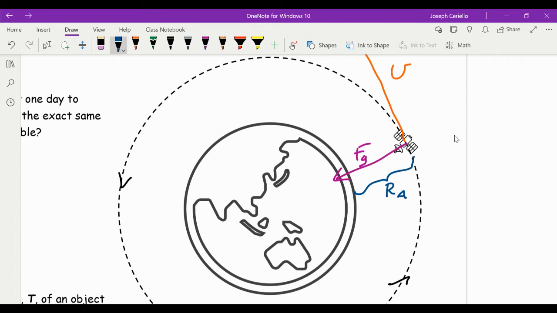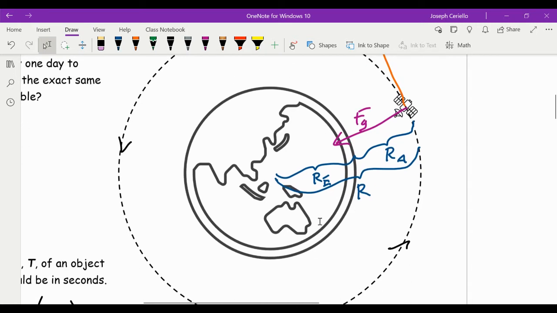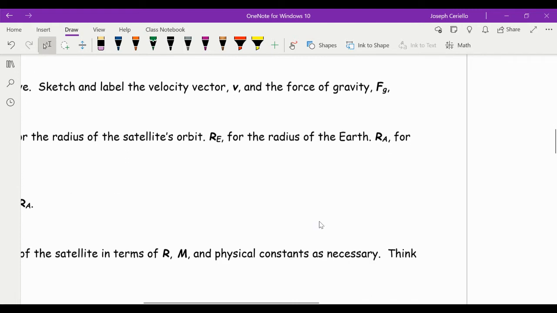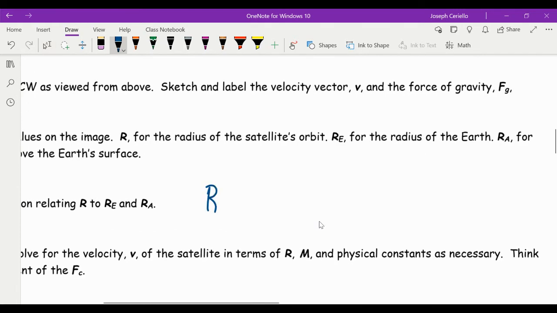RE is going to be the radius of the Earth. And R is the radius of the satellite's orbit. Notice that R is simply the radius of the Earth plus the altitude of the satellite. So R is equal to RE plus RA.